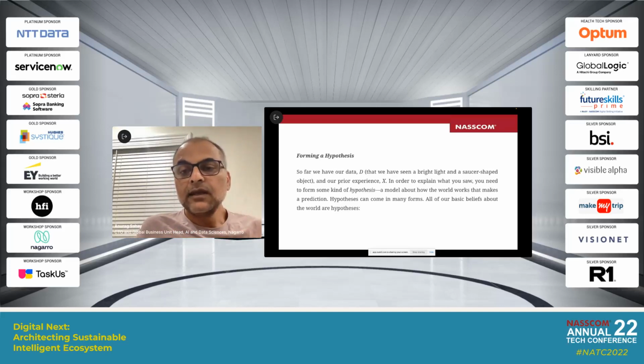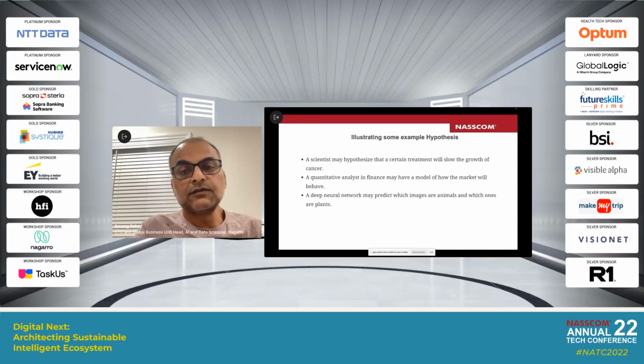Now, there are very important beliefs about the world that all take the shape of some hypothesis. So, for example, a scientist may hypothesize that a certain treatment will slow the growth of cancer. Now, where is the scientist getting this hypothesis from? It's because they have an understanding of what cancer is, and why cancer comes about.